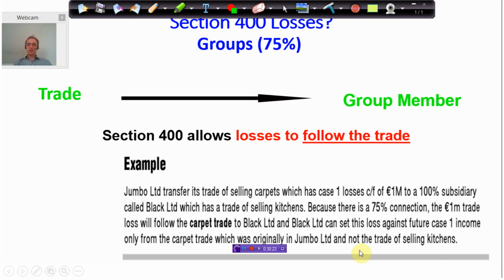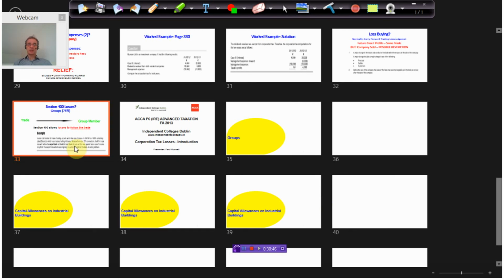So, for example, we have a Jumbo Limited here transferring its trade of selling carpets to a 100% owned subsidiary. So we have a group relationship here, Jumbo and Black, and we have case one losses of 1 million euros, and we have different types of trade.